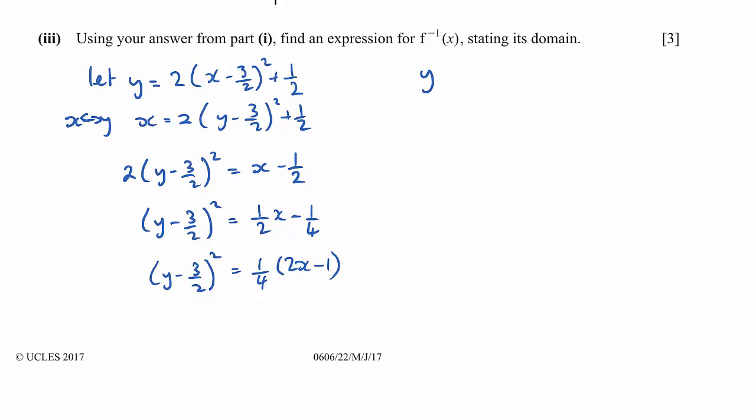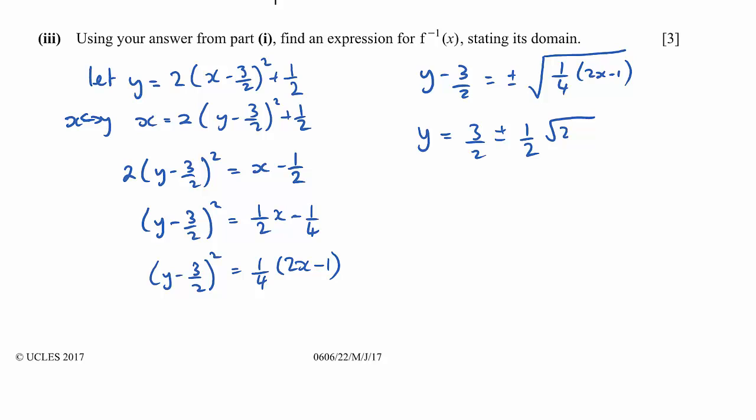And then y take away 3 over 2 is going to be plus or minus the square root of 1/4 of 2x take away 1. So y is going to be 3 over 2 plus or minus the square root of a quarter, which is a half, so I can bring the half out there and have root 2x take 1.